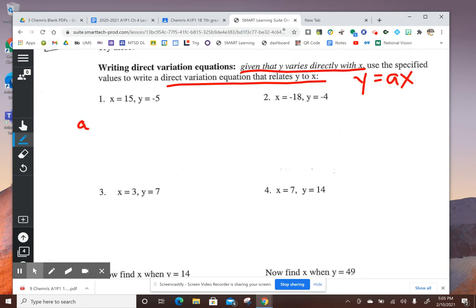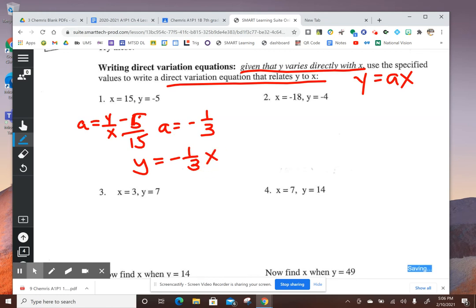We also know a equals y over x. So first I put y, which is -5, over x, and I find out that a is -1/3. I'm not done. Now I have to plug that back into y equals ax. So the answer is y equals -1/3 x.